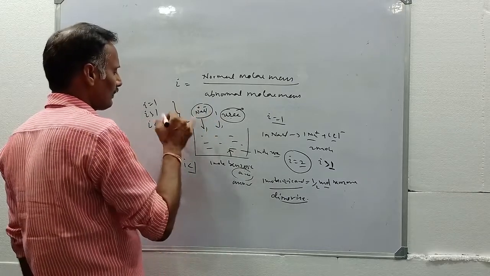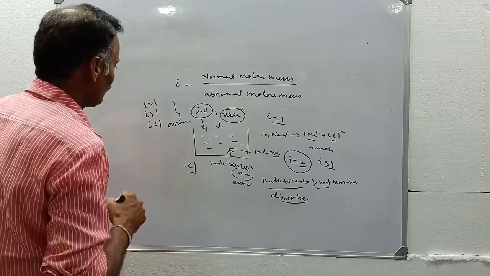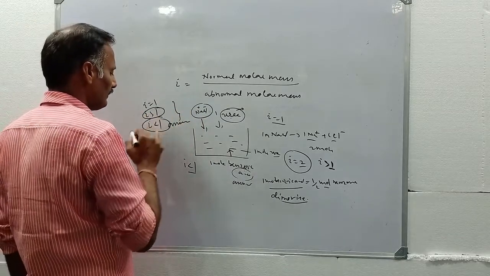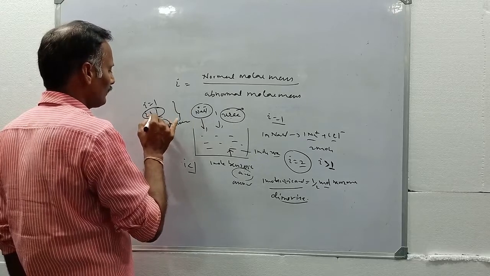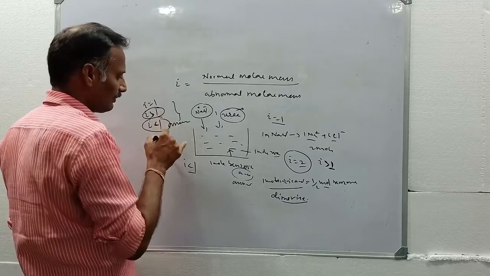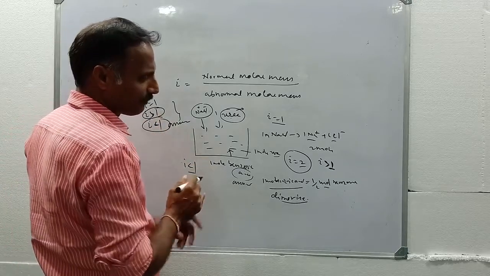Okay, this is about Henry's law, and in case of electrolytes you are using i greater than 1 or i less than 1. This i value is also applied in case of colligative properties.